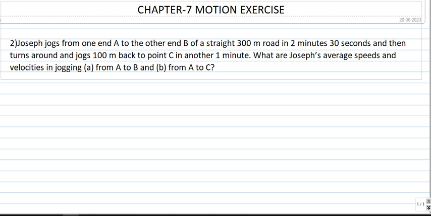So we have two questions again. We will first draw a simple diagram. Say we will draw a straight line.